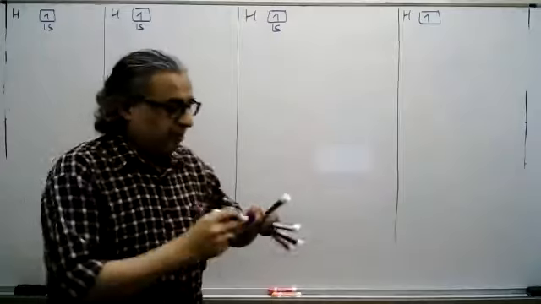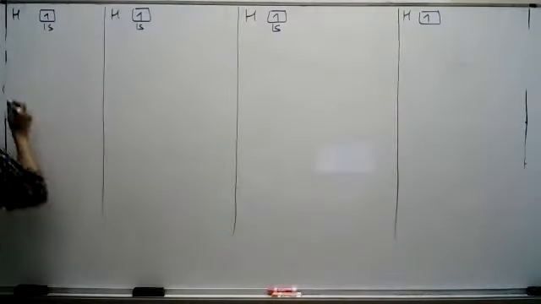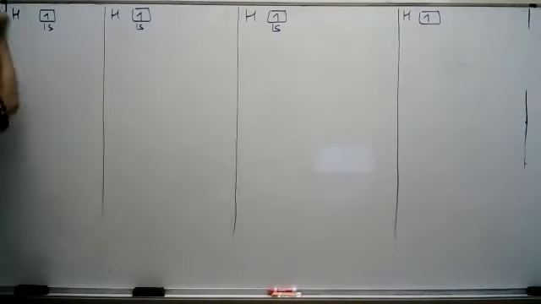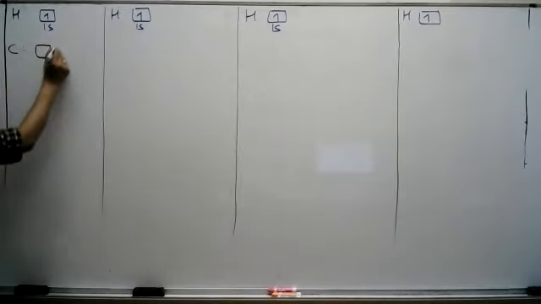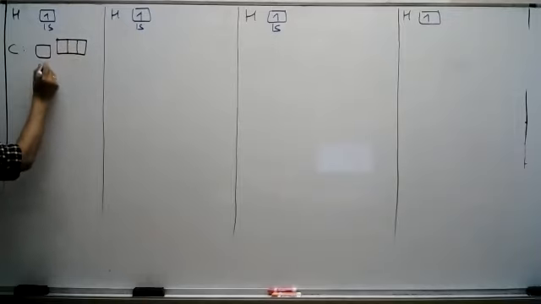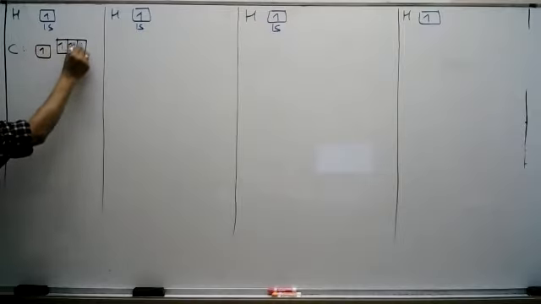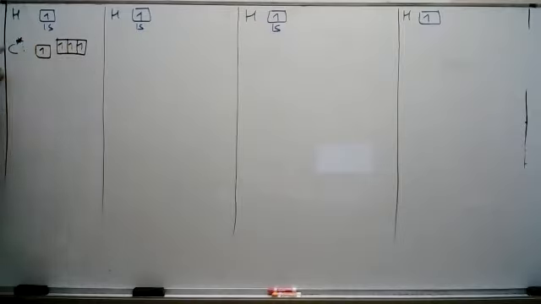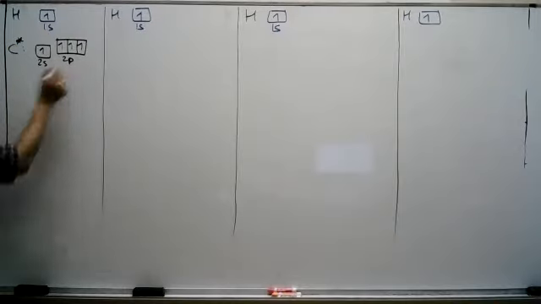First one, carbon. I'm just going to start with the valence shell. Actually, let's draw the excited state. Get used to that. That means excited state. 2s and 2p.